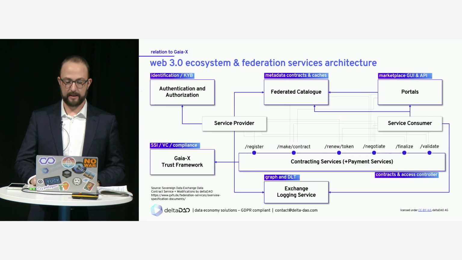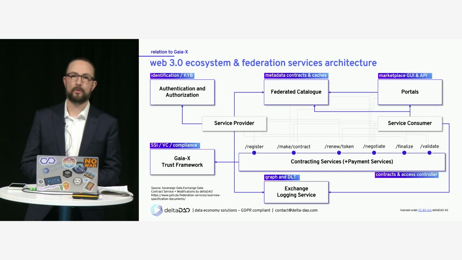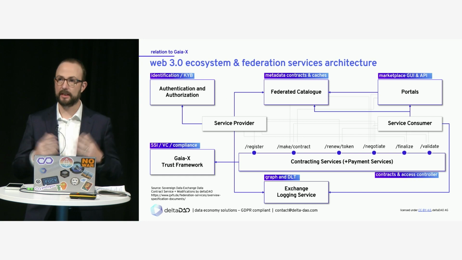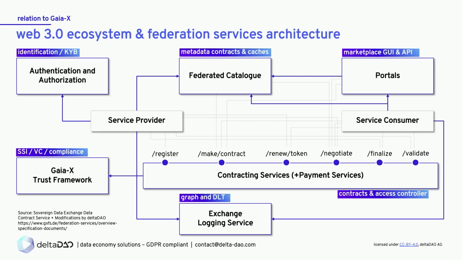What you got in the end, overall, in the Web3 ecosystem is a decentralized ecosystem that is running a specific instantiation of all the federation services you need to create your data ecosystem, to create your data space, and to run business cases or scientific use cases on this. Starting with the portals, you have a catalog everybody can use and runs in a decentralized manner.